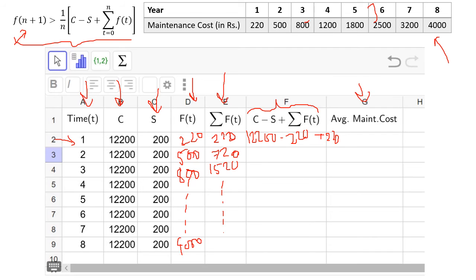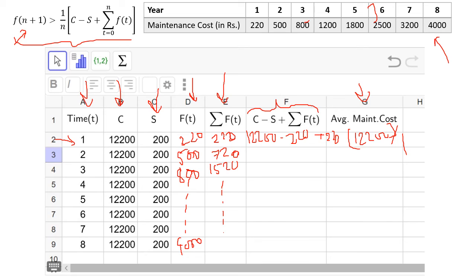So in column G, we are going to calculate the average maintenance cost. So this comes out to be 12,200 divided by number of years n, or this is the quantity inside the square bracket multiplied by 1 by n as on the right hand side of the inequality. So n is 1 here, that's why this comes out to be 12,200.